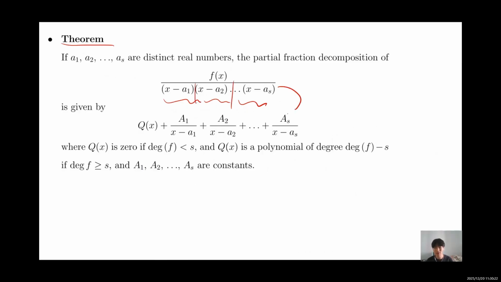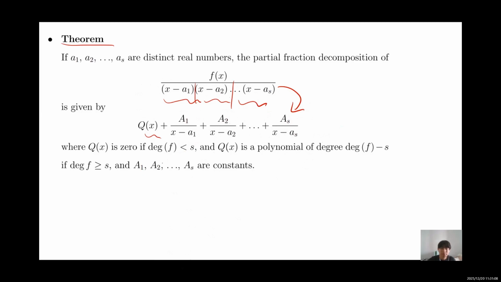Then we can write it in this form, dividing the fraction into some small fractions. Then we can calculate a1, a2, up to as. This is called partial fractions.